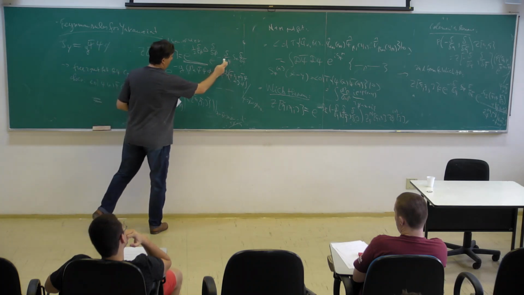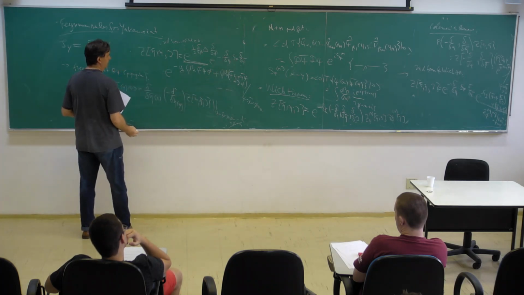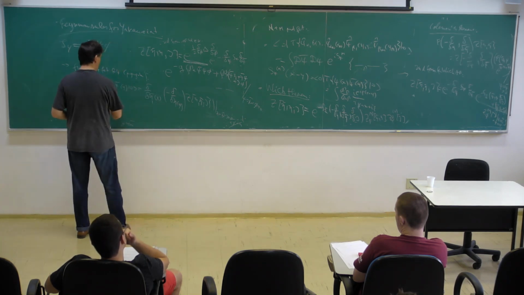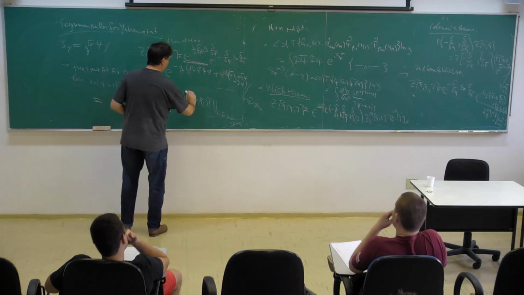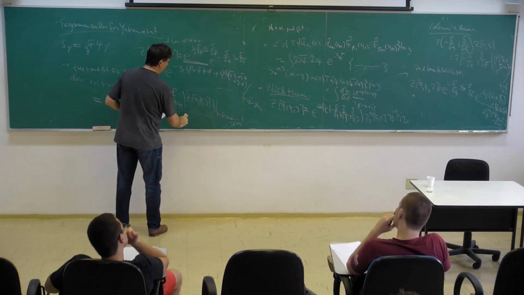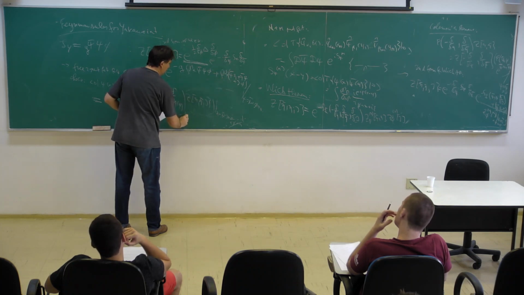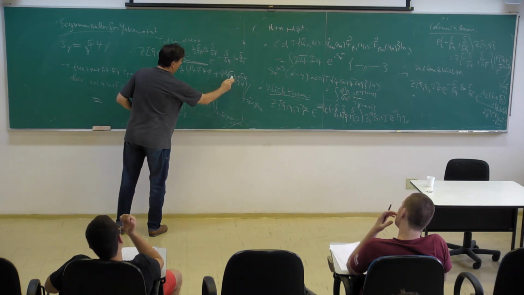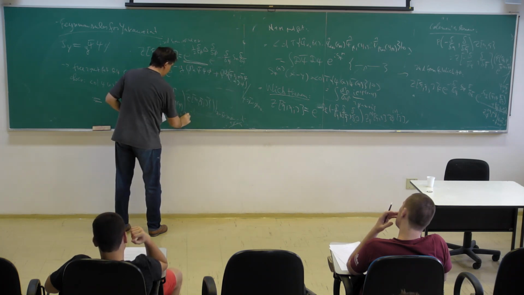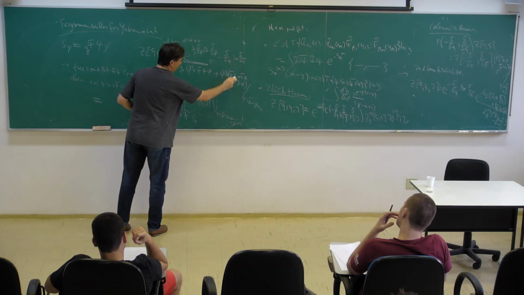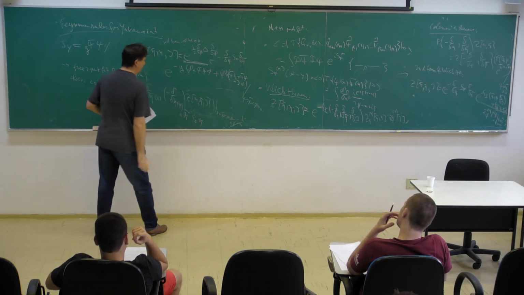So from here I will obtain minus dd psi will give me eta bar, so plus eta bar SF, and dd psi bar will give me eta, right?